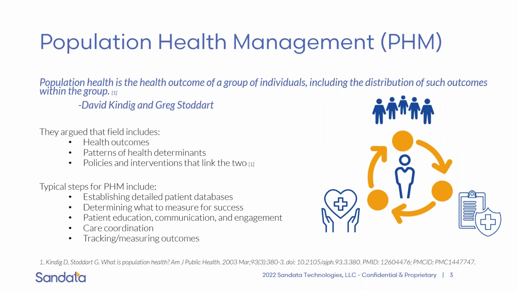And also health determinants, that second item that Kindig and Stoddart mentioned there as a key portion of population health management. It's a key word that we're going to talk further about today. Specifically, social determinants of health. They play a key role in population health management. So we're going to switch our focus over to that for just a moment.